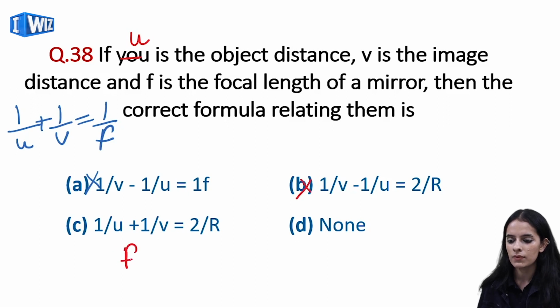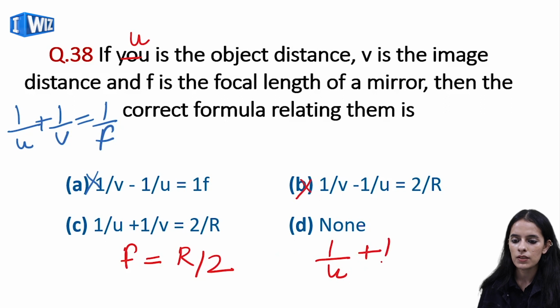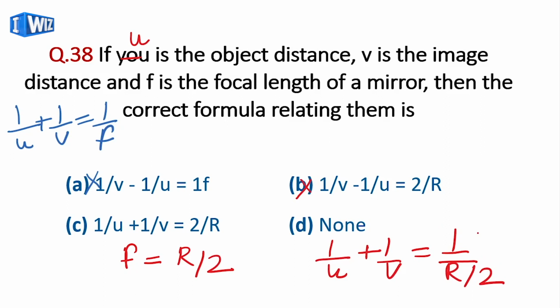So we know that focal length is half of the radius of curvature. So we can put it over here: 1 by u plus 1 by v, and focal length is R by 2. So when 2 goes up to the numerator, it becomes 2 by R. Yes, 2 by R. So what is the correct option from here? Correct option is this one.